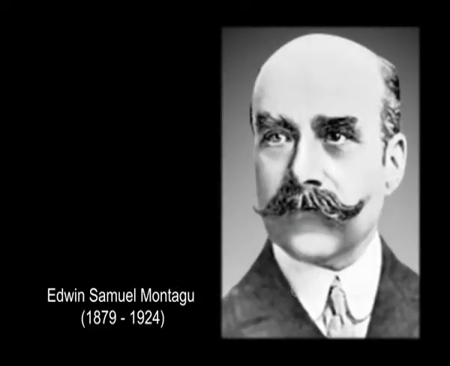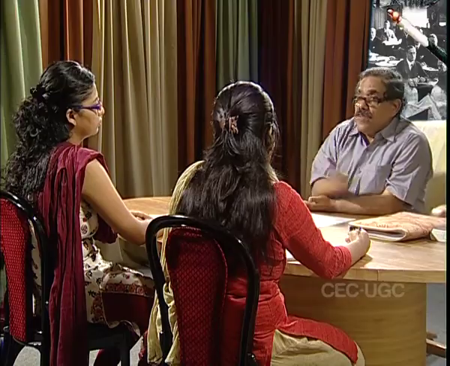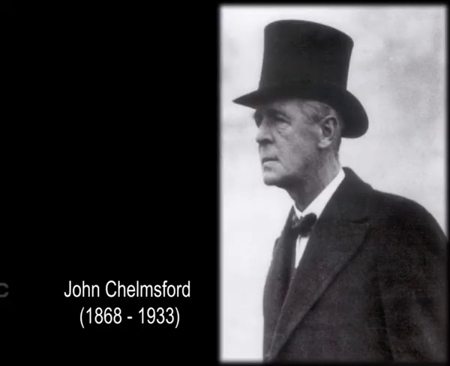So it is in this context that you come across this very spirited declaration by Edwin Montagu, once again a liberal politician, that immediately the Indian constitutional problem required a positive intervention. Even though Chelmsford was agreeable, together they ultimately worked out a policy which actually fell far short of the expectations of the Indian political leadership, the Congress.